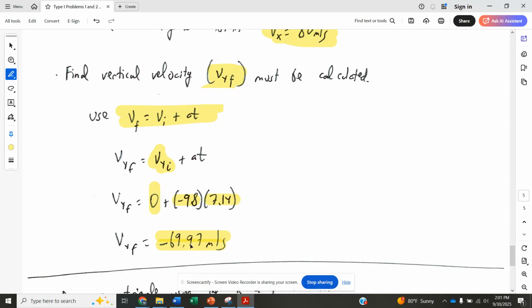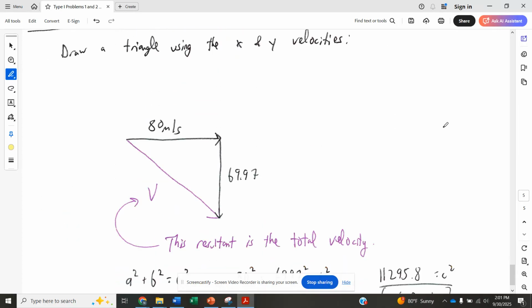From there, I'm going to draw a new triangle to show the two components and then the total velocity. So here's my velocity in x of 80 meters per second to the right, my downward velocity in y of about 70 meters per second. And when I find this resultant, that'll tell me the total velocity.